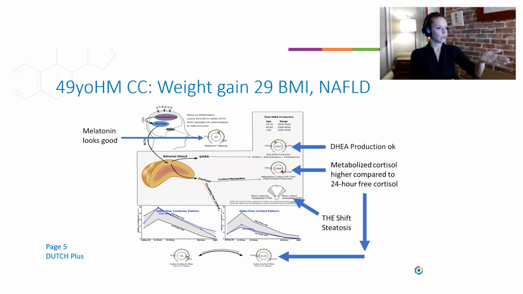So you would really look to the free cortisone to give you a better idea of how much cortisol is coming into the salivary gland at each time point, and it's significant. He's high normal throughout the day, so we wouldn't necessarily look at his test and say, man, his free cortisol patterns are flattened out. He actually looks a lot more normal than our other patients did, but he's nowhere near the metabolized cortisol, which is really, really high, right? So he still has that high metabolized cortisol compared to the free.